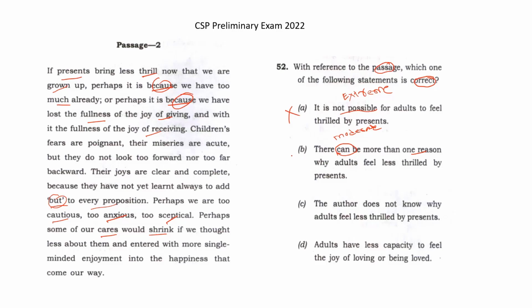Next, I can consider this. I'm not choosing. I have to read all the options. So this word because helps us draw the conclusion. It is giving the reasons why adults are less thrilled. Now, option C. The author does not know why adults feel.